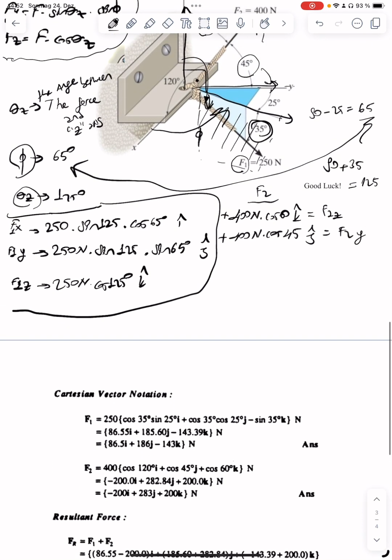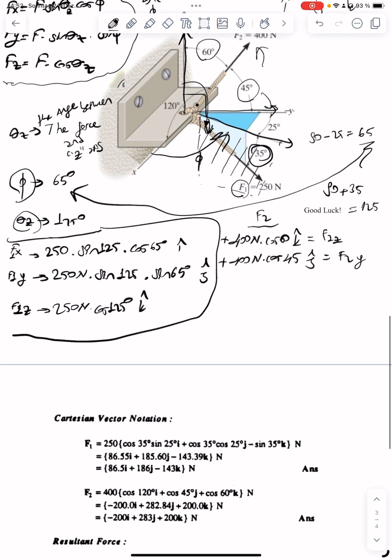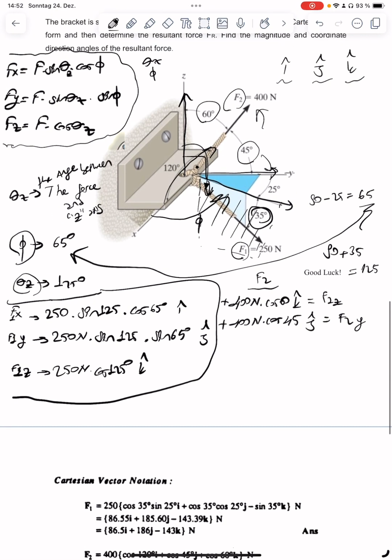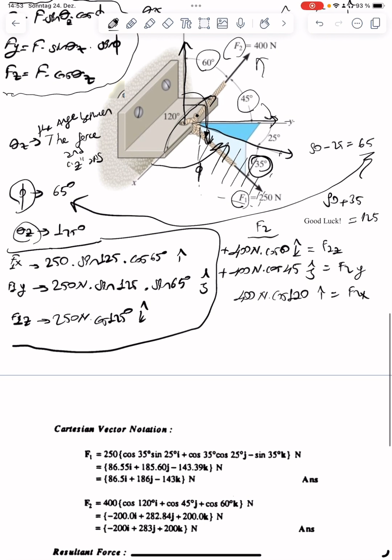Okay, the last one, in the x-axis about F2, we have a large angle here, so I can find 400 Newton times cosine 120, i hat, equal to F2 in the x-axis.